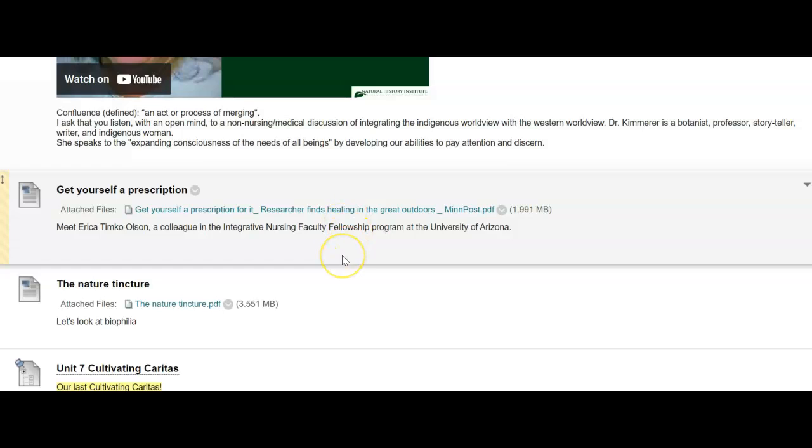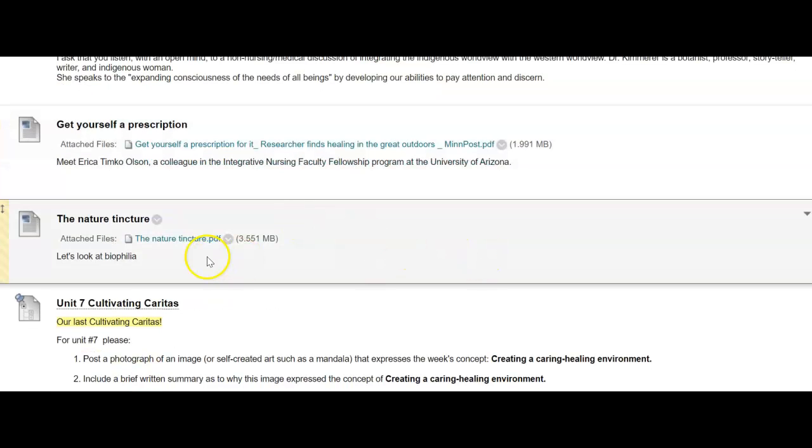Of the articles that you're going to be reading, one is an interview with Erica Timko Olson. Erica was in my cohort of the nursing faculty fellowship program at the University of Arizona. I think this is really speaking to being in nature. We're going to look at biophilia, and the nature tincture is the name of the next article.